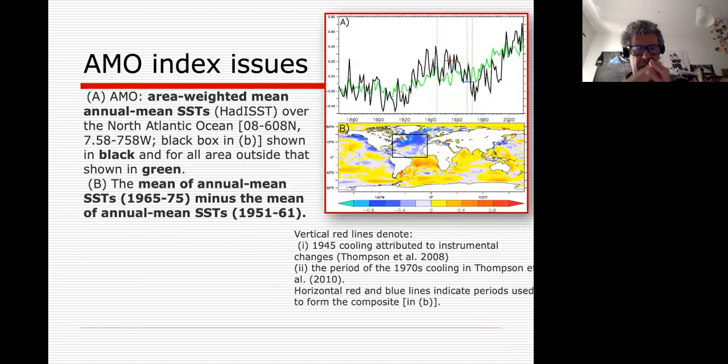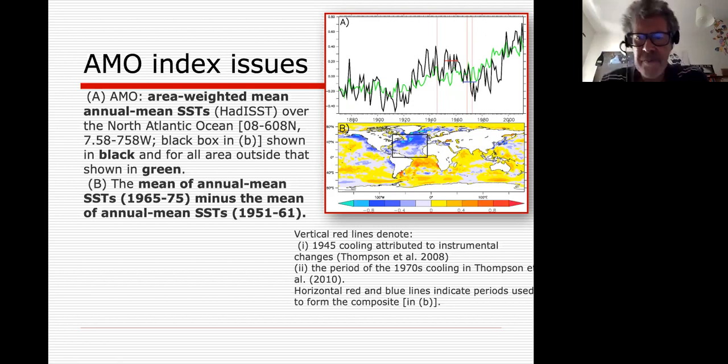And just to show an example, here you have the AMO index calculated on the Hadley data in an area similar to the one you can find here in the box. The two lines correspond to two different areas of calculation: one smoother, and the green is the larger one.